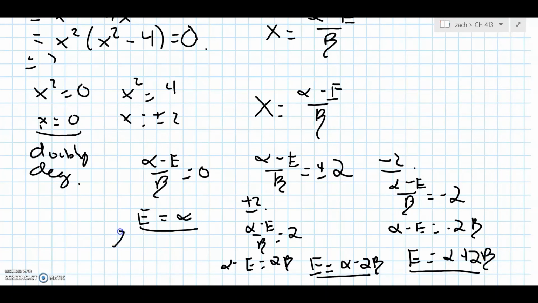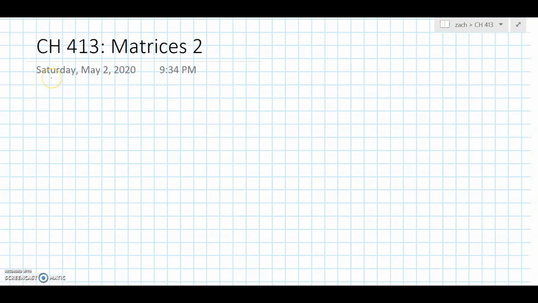So remember, this one again is doubly degenerate because of the x squared. So our final solutions are going to look like, so we can say for cyclobutadiene, we have the possible energy eigenstates.